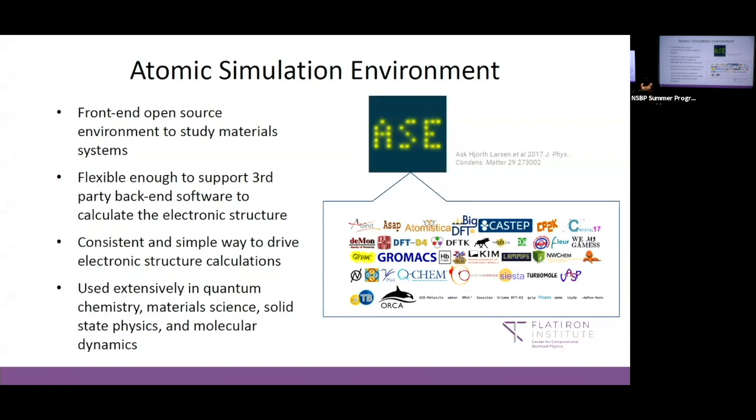It's a simple way to drive electronic structure calculations, and it's used already extensively within quantum chemistry, material science, solid state physics, and molecular dynamics. So the graphic that you see here shows all of the different types of third-party software that can all feed into ASE, the Atomic Simulation Environment.